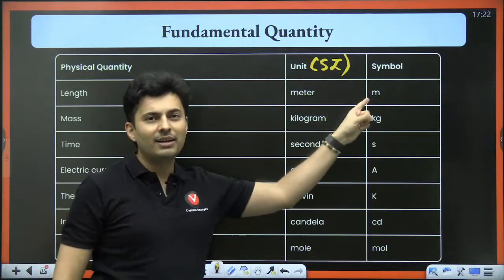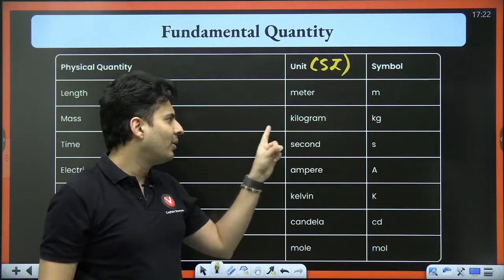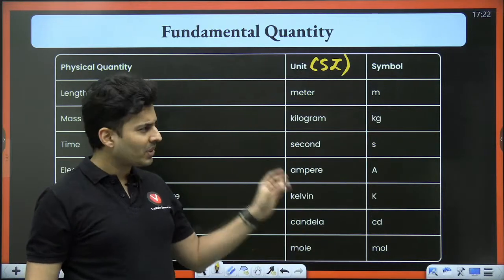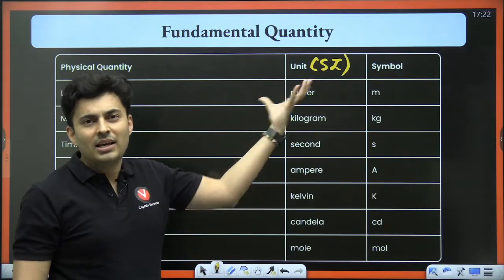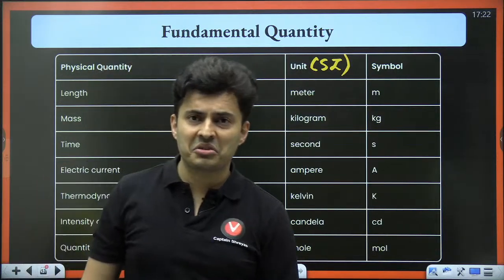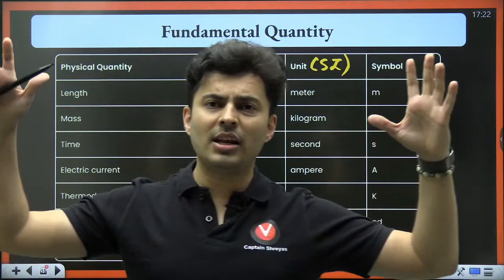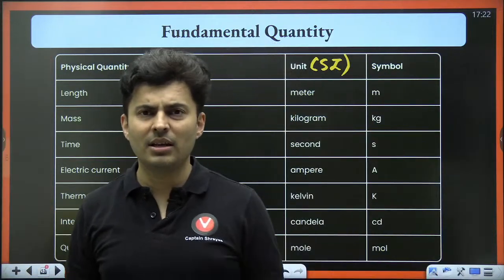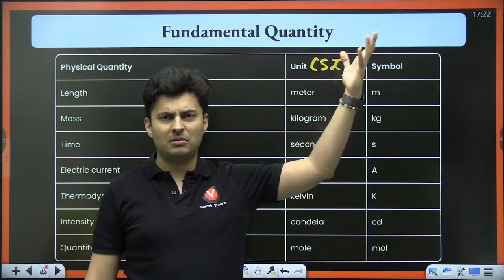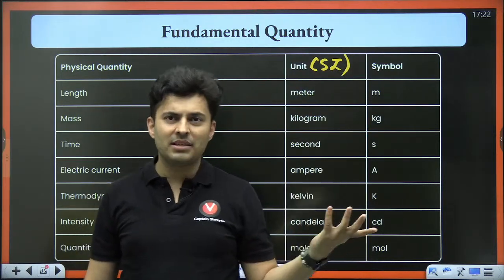Now, usually nobody will write the entire word meter or kilogram or second or ampere or Kelvin or candela or mole. They usually use a symbol, an abbreviated form. Like at home, maybe your name is something very, very big. Like my name, Shreyas. It's not that big, but decently big.